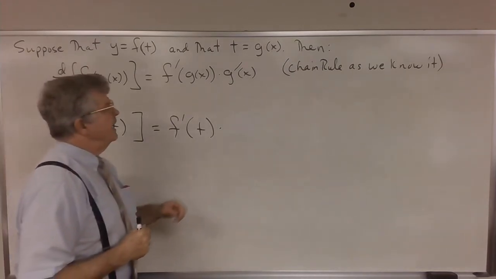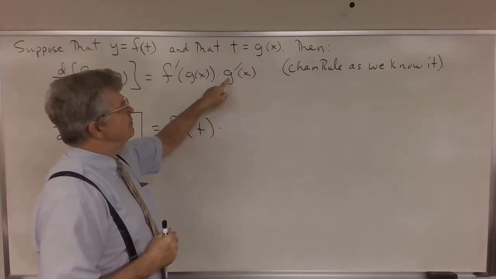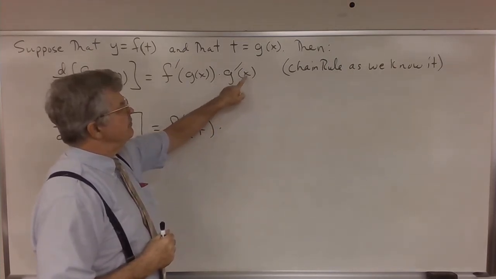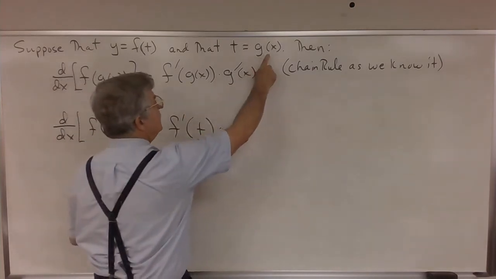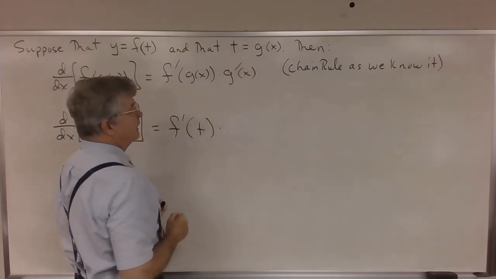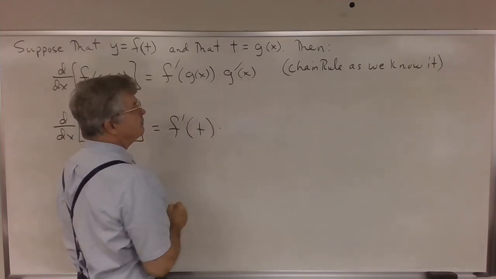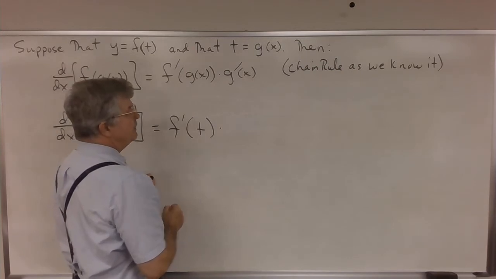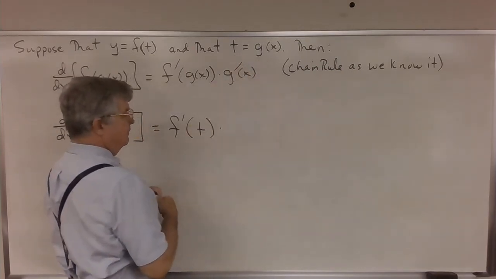Now let's see, how do I replace this? This is the derivative of g as a function of x. And g of x and t are the same thing. So the derivative of g as a function of x would be exactly the same thing as the derivative of t as a function of x.